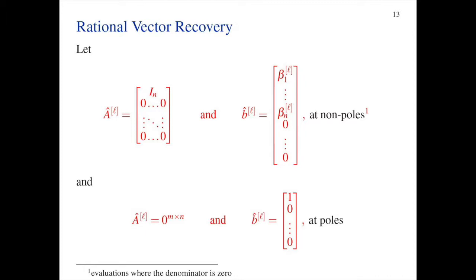And the idea here is, well, you can consider A to be the identity, A hat to be the identity matrix, and B to be the vector that you get back from the black box. And at places where you have a pole, and by pole we mean where the denominator is 0, you just return the equation psi equals 0.